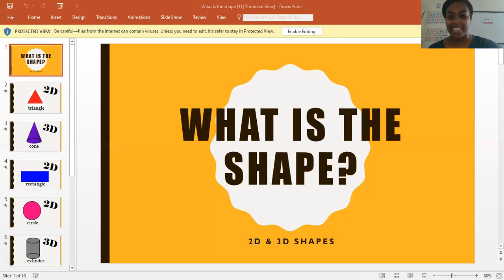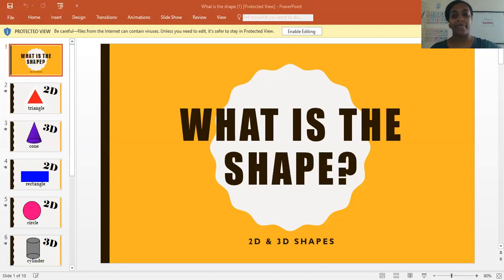What is the shape? What is this shape? Triangle. Now, is this a 2D shape or a 3D shape? What's yours? Yes, it is a triangle. Oh, 2D. If you said 2D, give us a pat on the back.